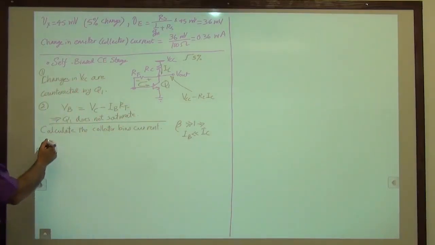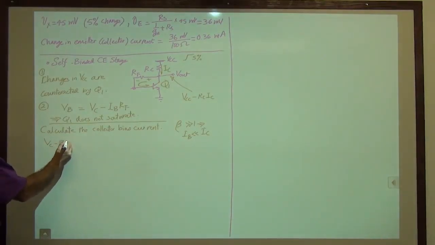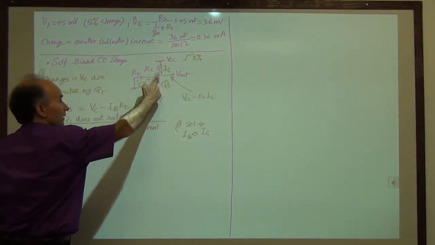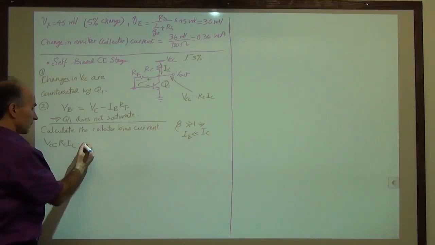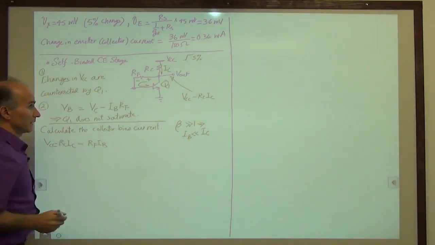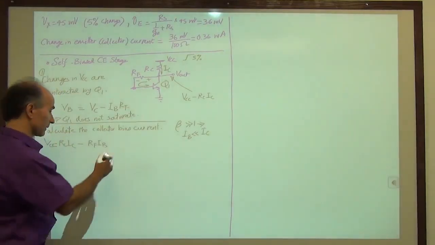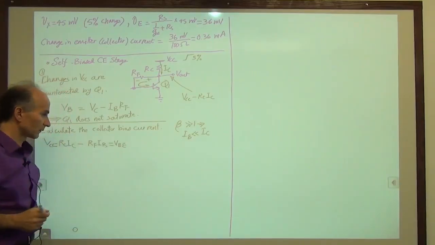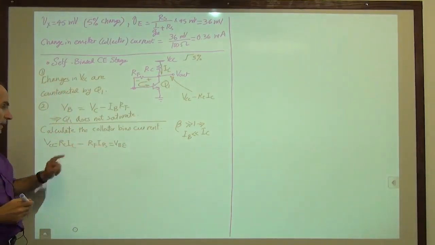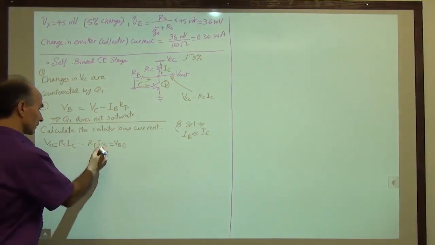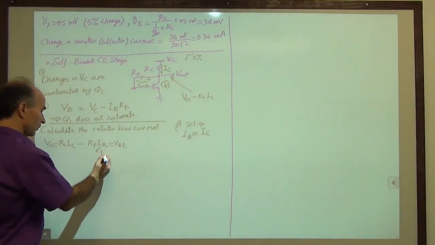So I can write VCC minus RC·IC, that's the collector voltage, minus the drop across the resistor, minus RF times IB, is equal to the base emitter voltage, right? So that's the base emitter voltage. And I know that IB is just 1 over beta times IC. So this is IC over beta.